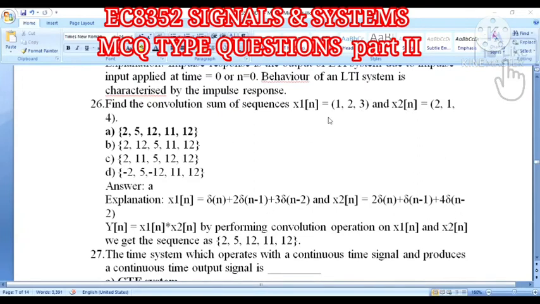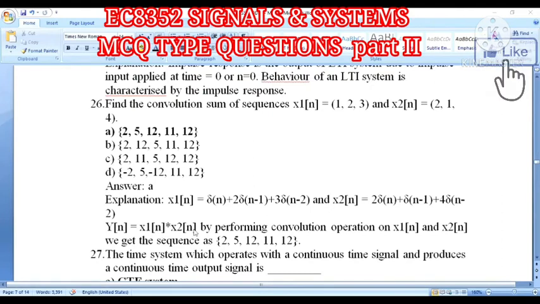I am writing the sequence as impulse functions. The coefficients are given in the sequence, but I write them multiplied with the impulse function: 1 into delta of n, 2 times the delayed function delta of n minus 1, 3 times delta of n minus 2. The first term is n minus 0, the second term is n minus 1, the third term is multiplied with n minus 2, the fourth with n minus 3, the fifth with n minus 4, like this.